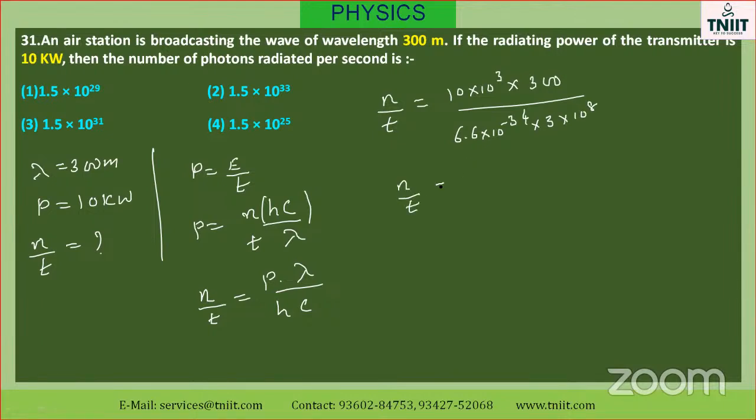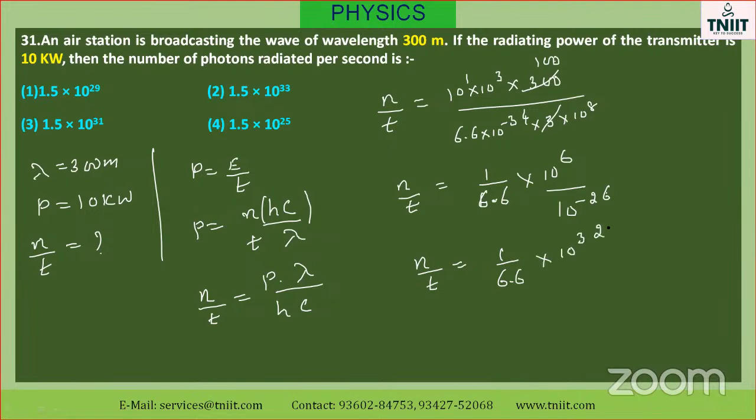So N by T value will be equal to 3 ones are 3 hundreds are, so 1 divided by 6.6 into 10 power, this is 1, this is 2, so 10 power 6 over 10 power minus 26. Minus 34 plus 8 is how much? Minus 26, no? So 1 by 6.6 into 10 power 32, right?